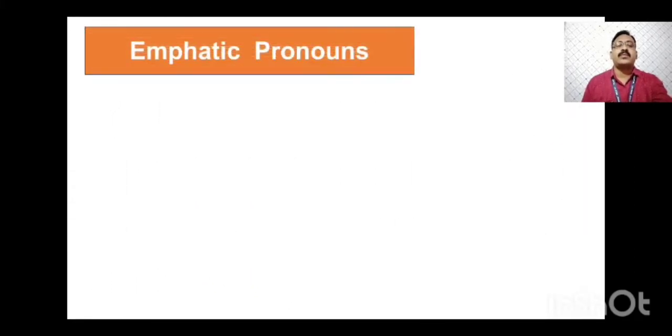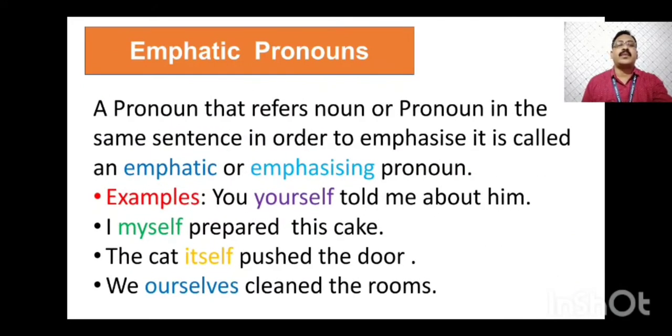Emphatic pronoun. A pronoun that refers to a noun or pronoun in the same sentence in order to emphasize it is called an emphatic or emphasizing pronoun. Examples: you yourself told me about him. I myself prepared this cake. The cat itself pushed the door. We ourselves cleaned the room.